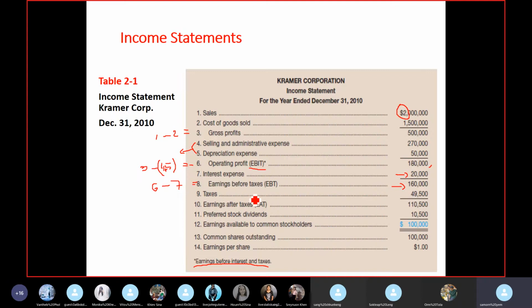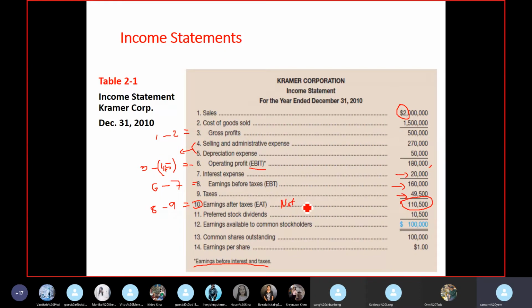For tax it is 49,500. Number 10 comes from number 8 minus number 9. It is called the earning after tax. In a sole proprietorship or partnership it is normally called the net income or profit.